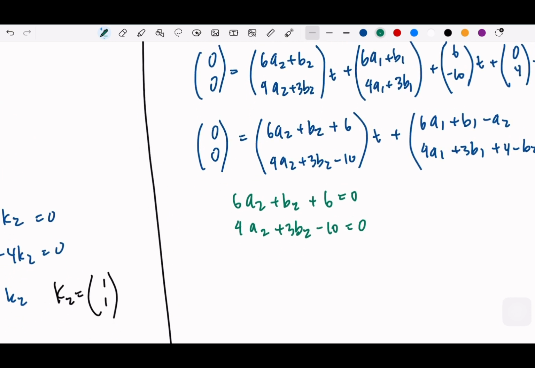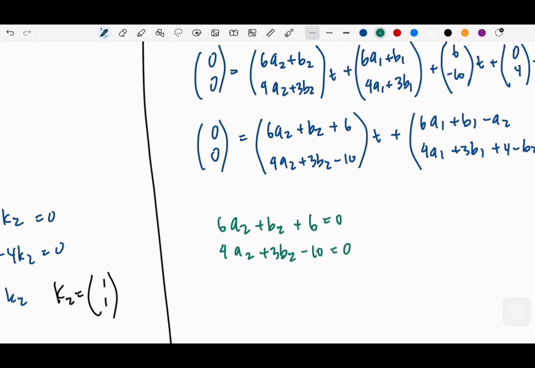Okay. So I will multiply by 3 and then subtract. So this will be 14a2, 18 minus 10 is 8.